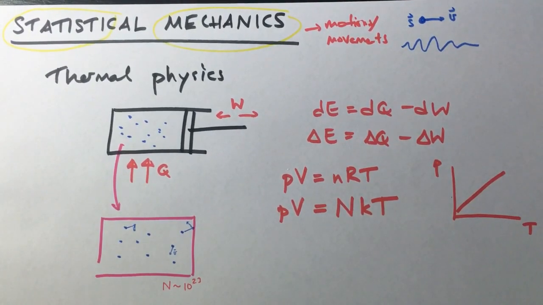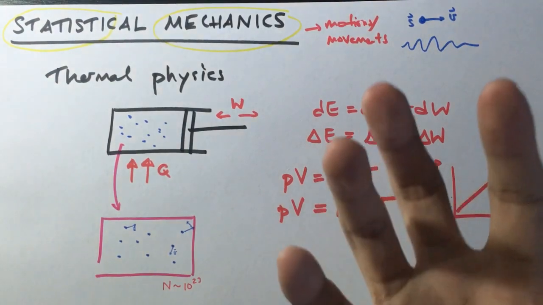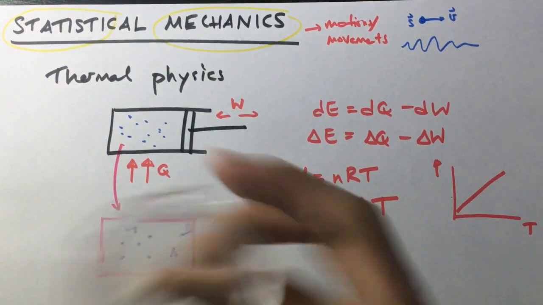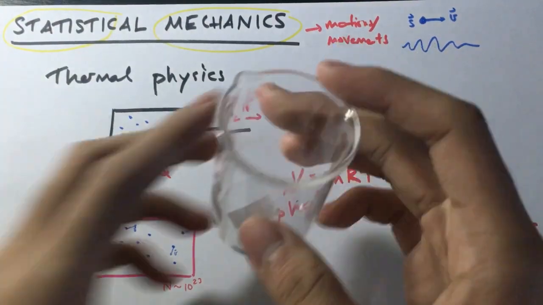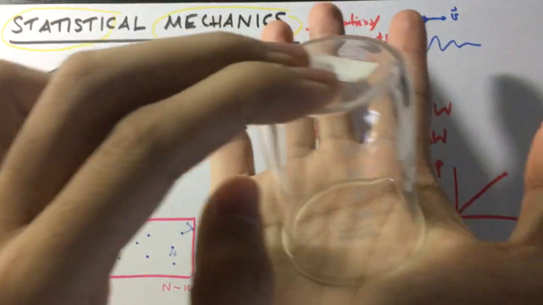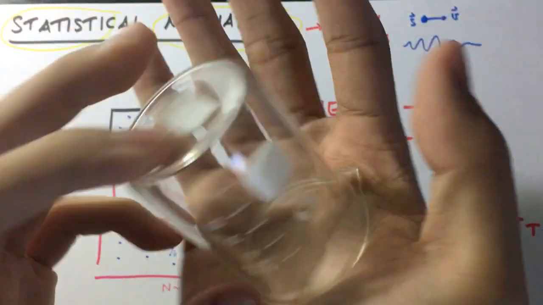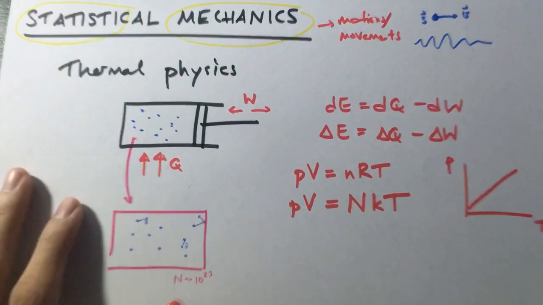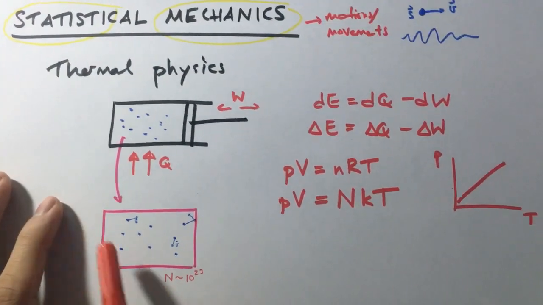Even if you have a small glass like this, and you close it off and consider all the gas particles inside, even though it looks like empty space, that's still many, many different particles. N could still be on the order of 10 to the 18 or 19 or whatever, because I don't really scale things that well. But the point is N will still be big.